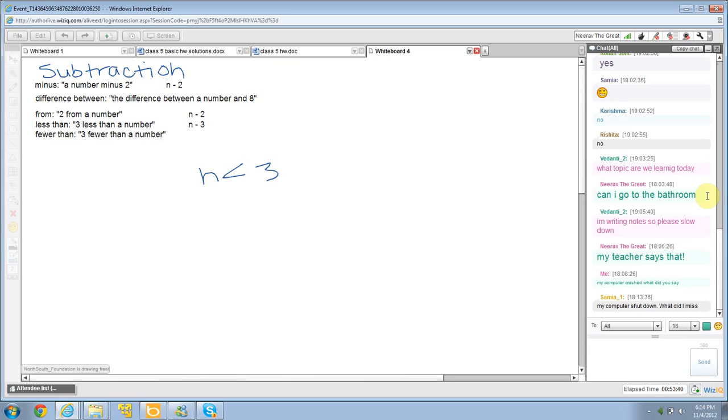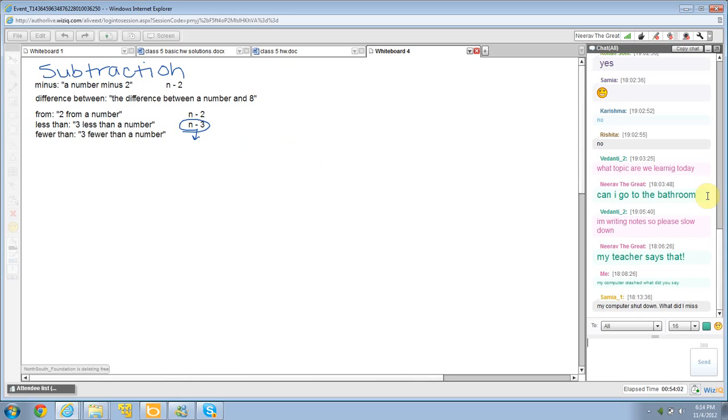But if it's 3 less than a number, then it's n minus 3. And that's the same for fewer than. So that's where the same thing except a slightly different order makes a big difference.